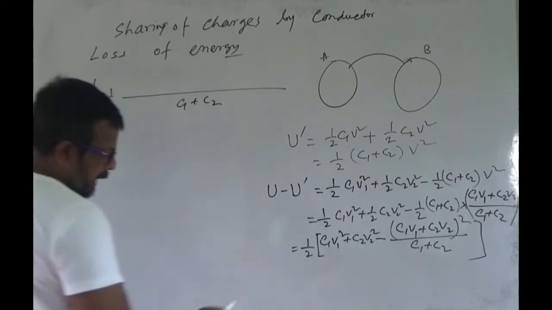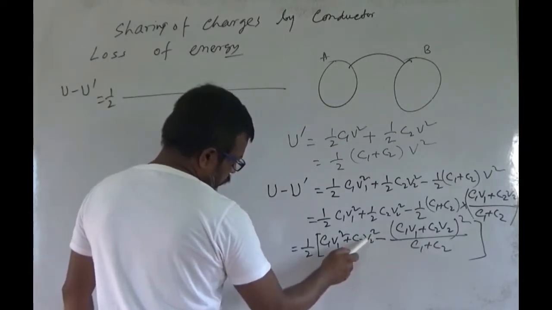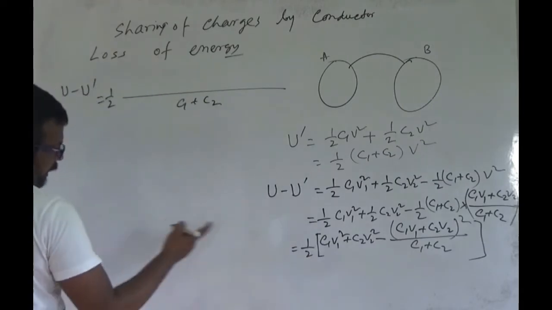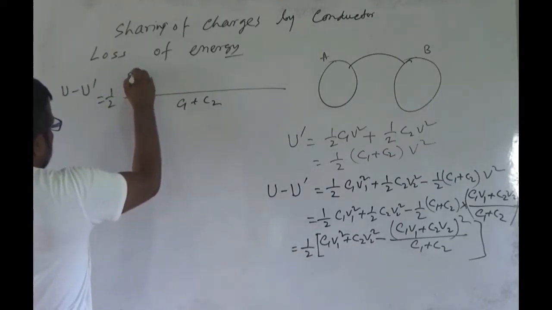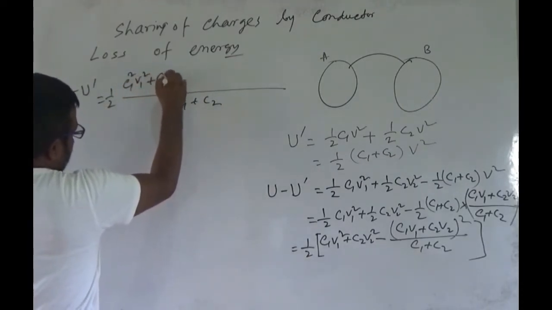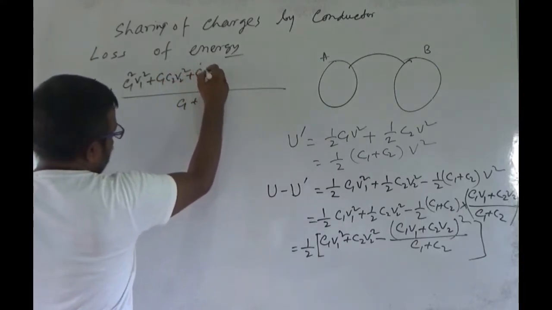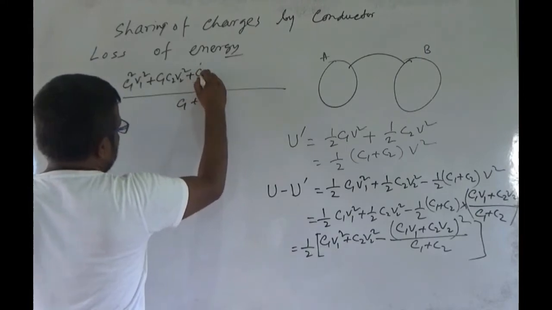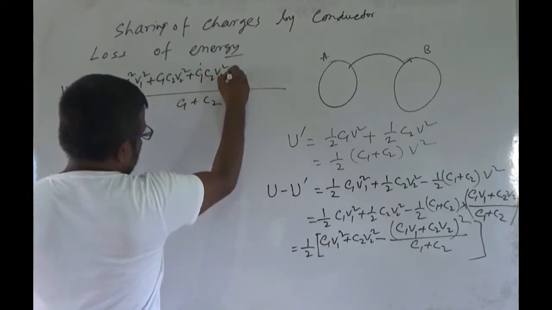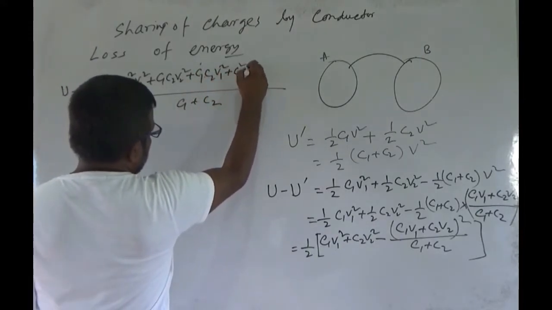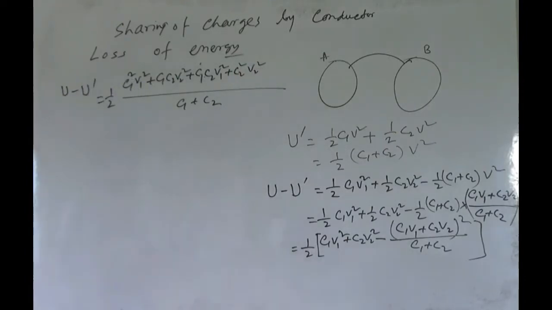Therefore, you have to multiply this (C1 plus C2) with both terms, and multiplying that we get C1 square V1 square plus C1 C2 V2 square plus C1 C2 V1 square plus C2 square V2 square, right?